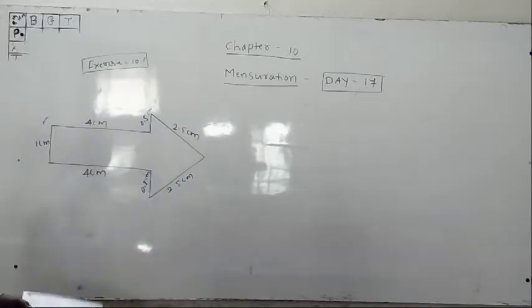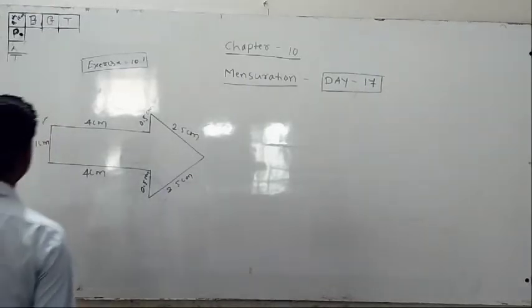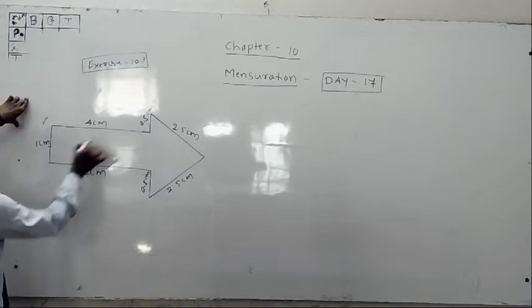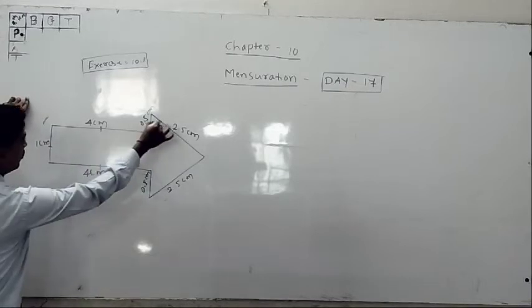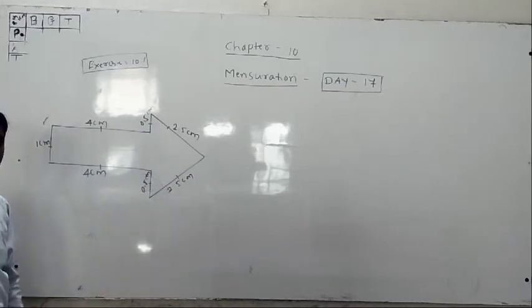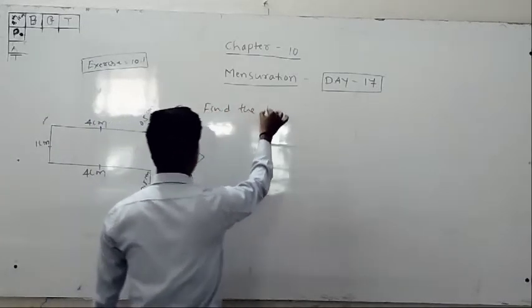All sides' lengths are given there. Look at this figure: one side, 2, 3, 4, 5, 6, 7. In total how many sides are there? 7 sides are there. Find the perimeter.